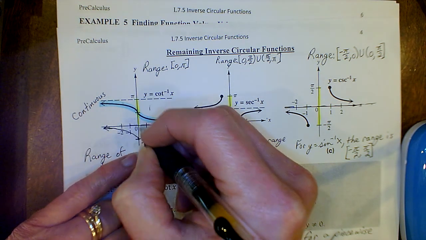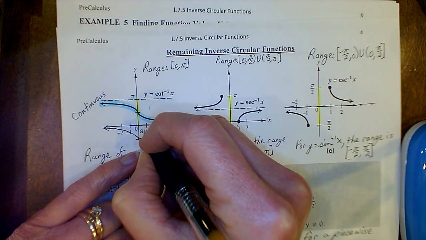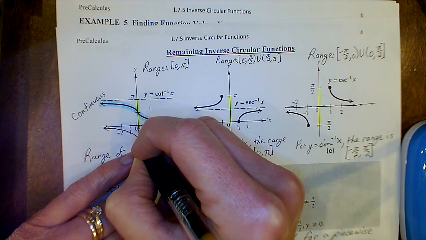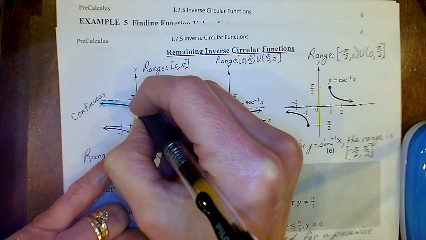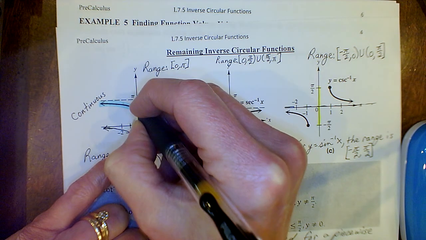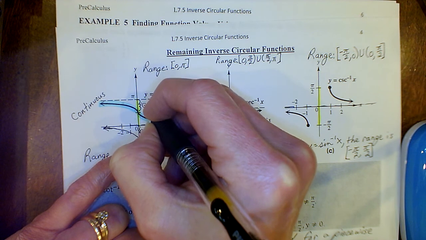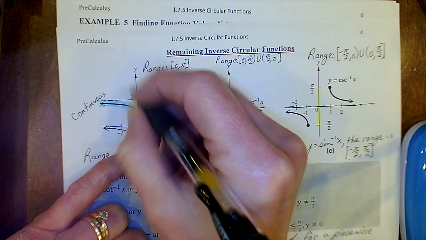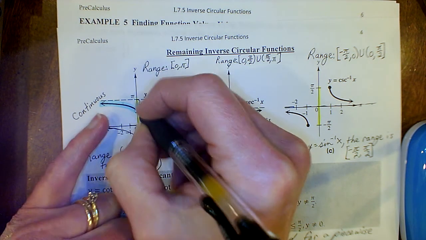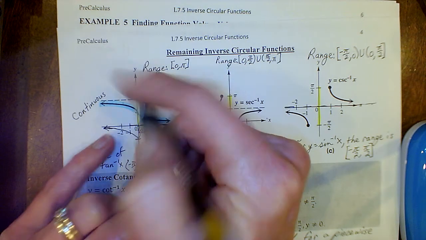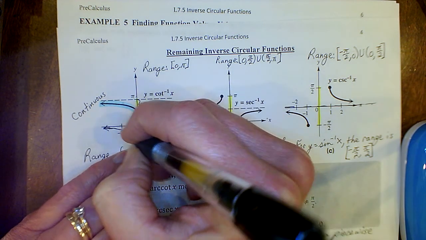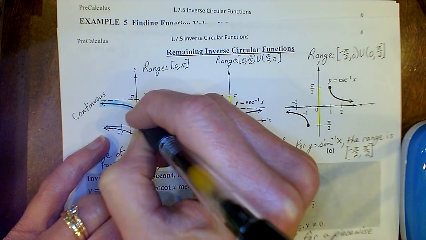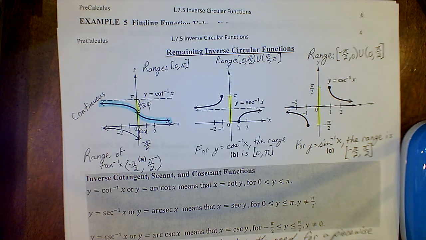This is where quadrant 4 would be, down here. I would have y values down here for quadrant 4, and I have y values from pi over 2 to pi when I'm in quadrant 2. And so I'm talking about the y values on this number line. That is why we shifted it up. We shifted it up from 0 to pi so that we could keep it as a continuous function and not have an asymptote interfering with the range for our inverse cotangent.